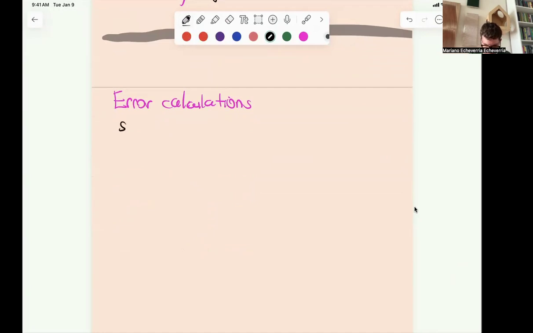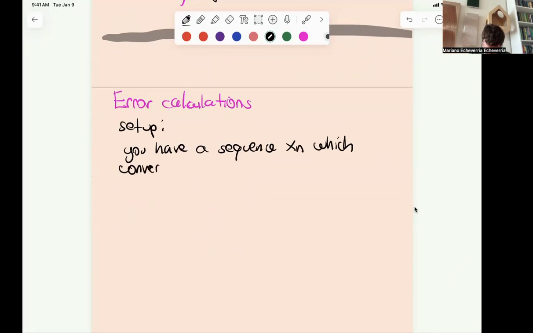Okay, so here's the setup. You have a sequence xn which converges to a number x star.